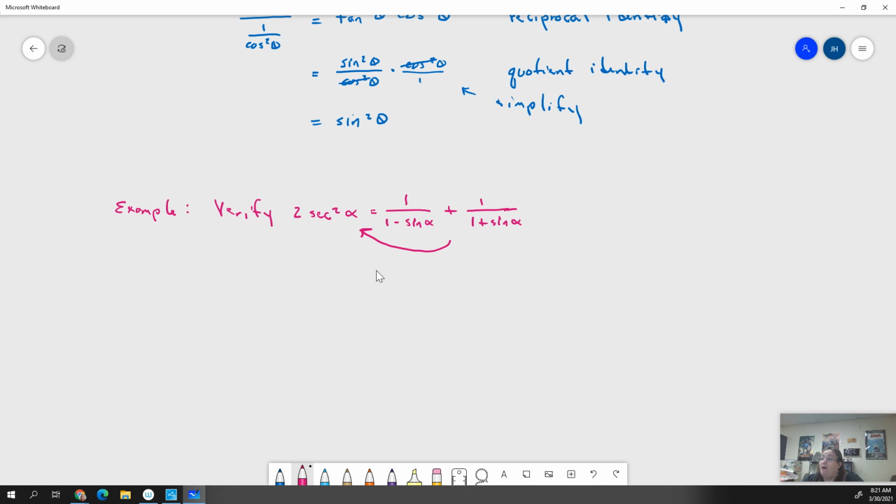This is the one that's got work going on, so I'm going to work on that side first: 1 over 1 minus sine of alpha plus 1 over 1 plus sine of alpha, and try to work my way over to the other side. Now, these are fractions being added together. What do I need when I have fractions that are being added together?